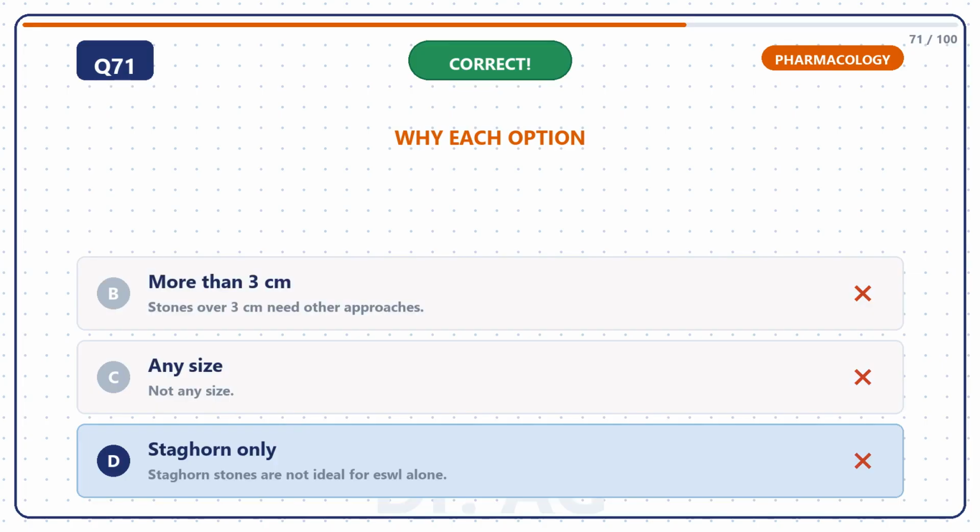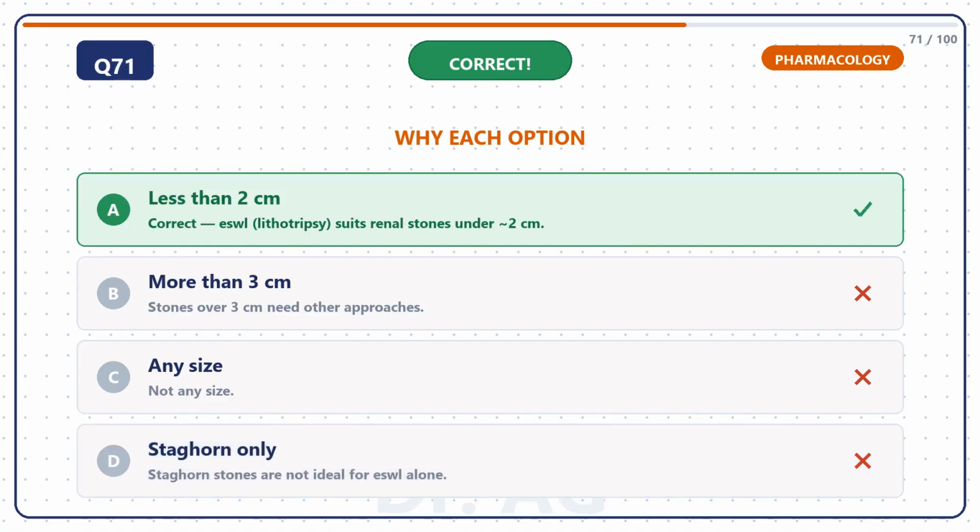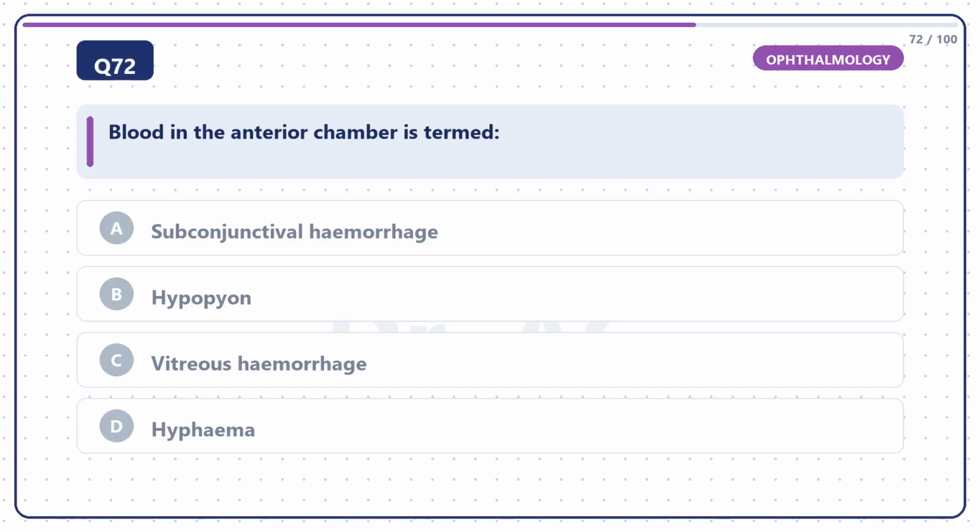Staghorn stones are not ideal for ESWL alone. And the correct answer is less than 2 centimeters. Correct, ESWL, lithotripsy, suits renal stones under 2 cm. So, the right answer is option A. Less than 2 centimeters.